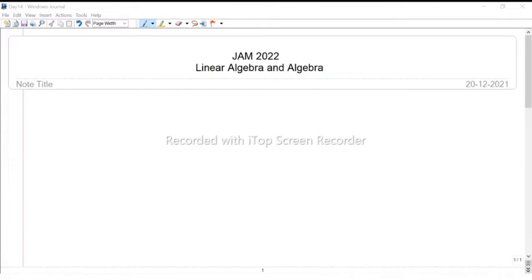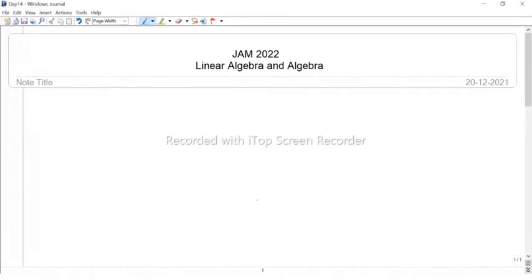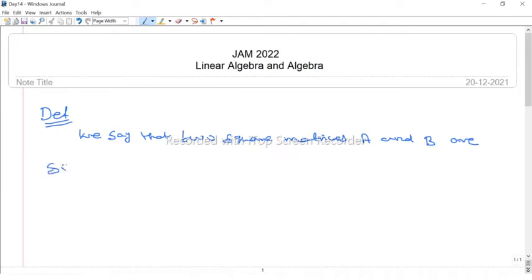When we say two matrices are similar, we say there are two matrices A and B. Definition: suppose we have two square matrices A and B. We say that two square matrices A and B are similar if there exists an invertible matrix.